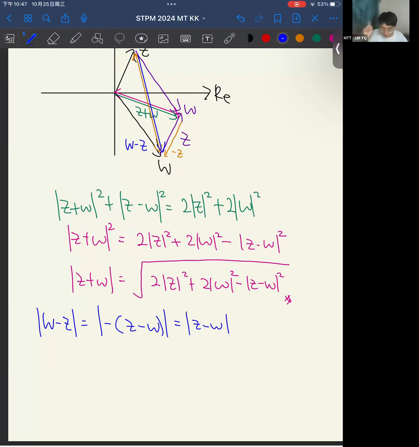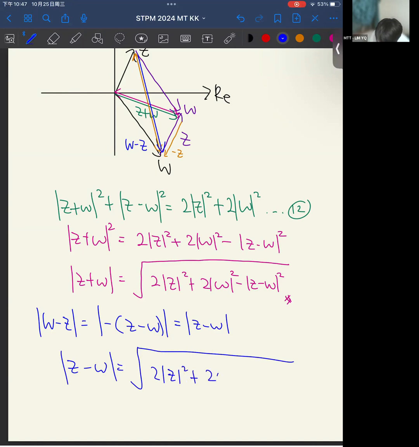Now if we are interested in this, similarly using the same equation just now, let's say this is equation 12, we were using equation 12, prove by yourself. So this one equals the square root of 2 modulus Z squared plus 2 modulus W squared minus modulus Z plus W squared.